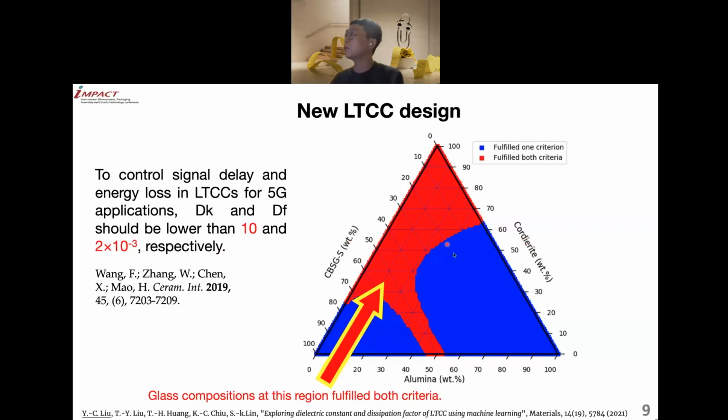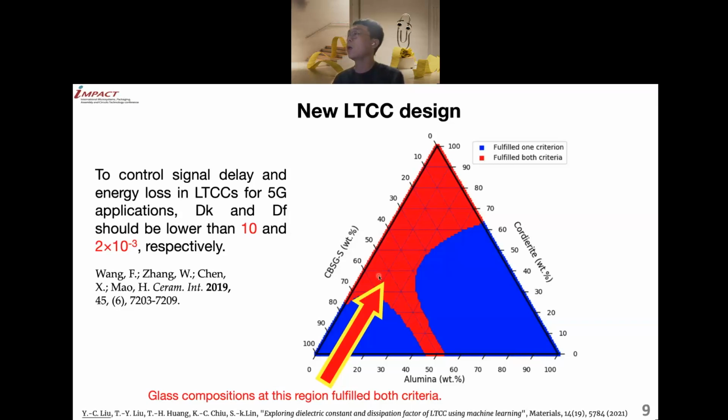You can see we can divide it into 2 different regions. The red one means the glass composition fulfilled both criteria, the DK of 10 and the DF value. If it is blue, this means we only fulfilled one of the two.